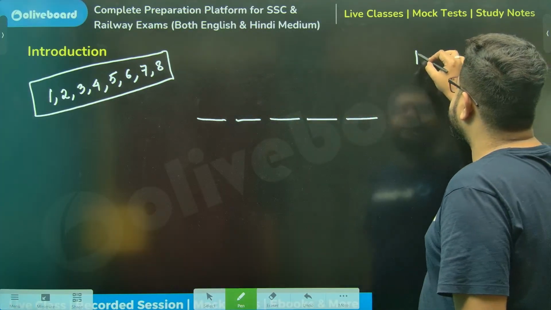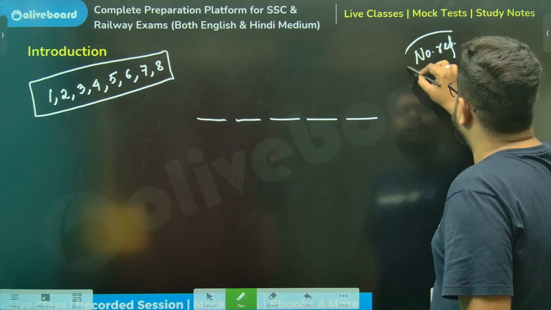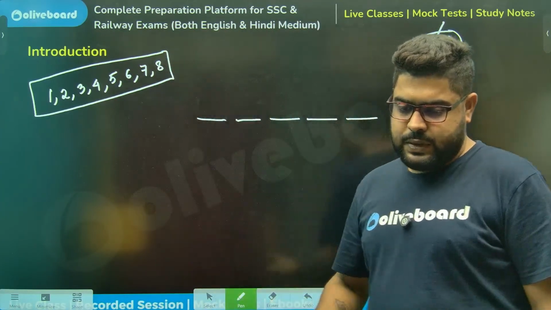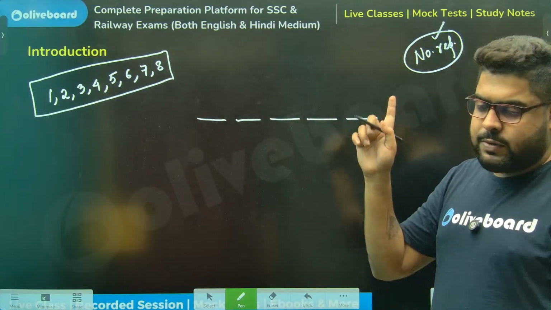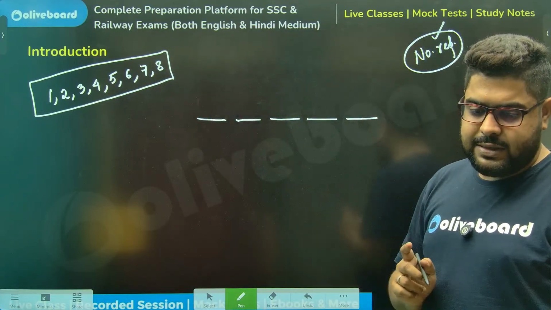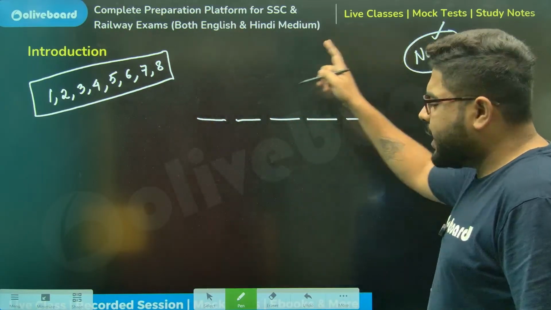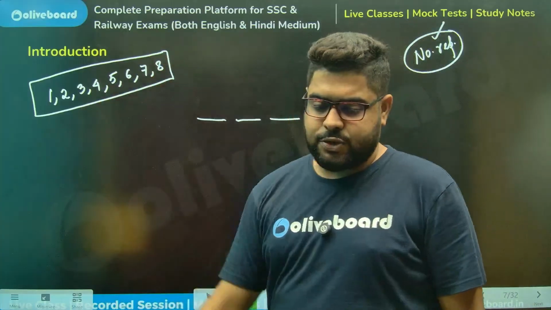No repetition is allowed, sir. Meaning one number can only be used once. You cannot repeat one number more than once. So using these 8 digits, how many 5 digit numbers can you make?